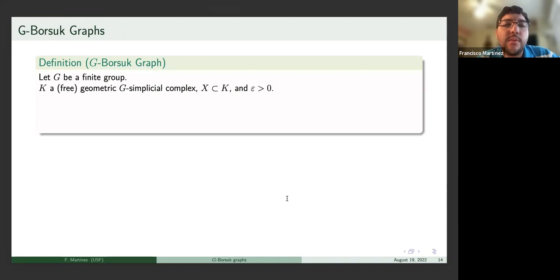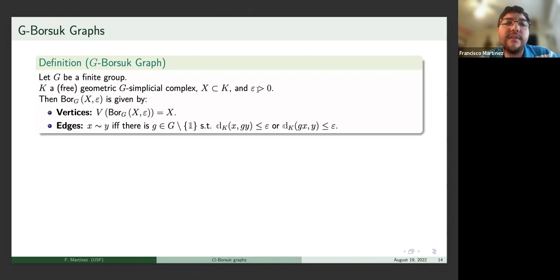So we can define what we call a G-Borsuk graph, or generalized Borsuk graph. If we have G a finite group, suppose K is a free geometric G simplicial complex. I'm going to explain that in a bit, but basically that means that we have a G action on that space. And if we take a subset of points in that set and epsilon greater than 0, then we can define the G-Borsuk graph on those points, with epsilon, as follows.